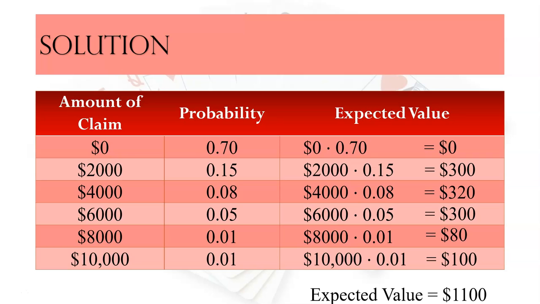What this means for the company is they should charge at the minimum $1,100 for a premium for each of these people. $1,100 is their break-even point. That will give them enough to cover the bad drivers, the ones who file these large claims.